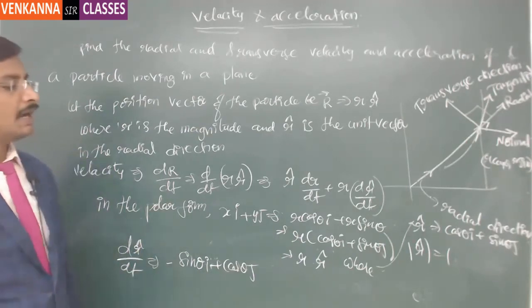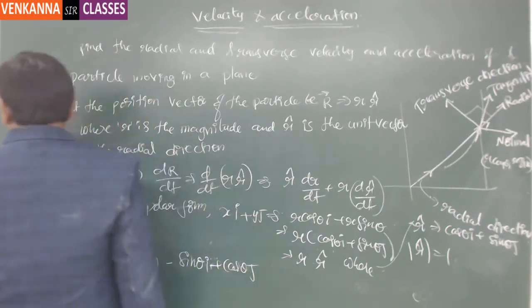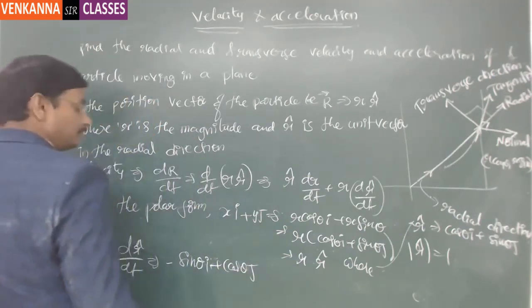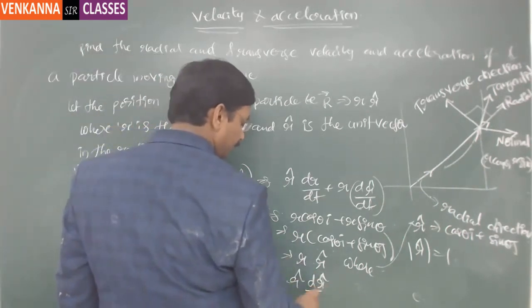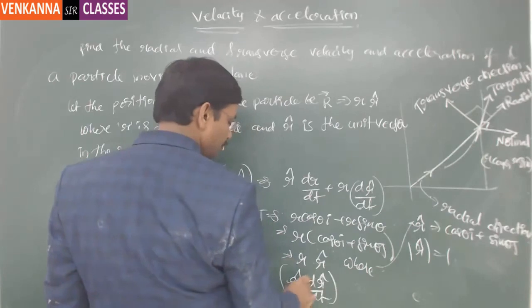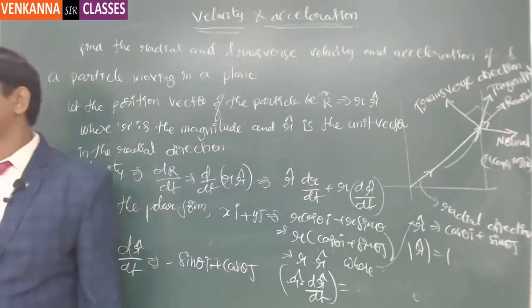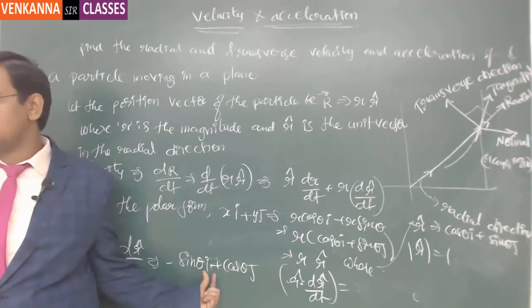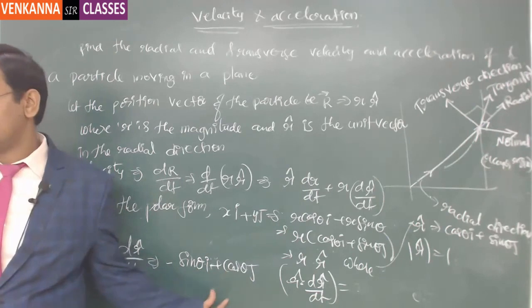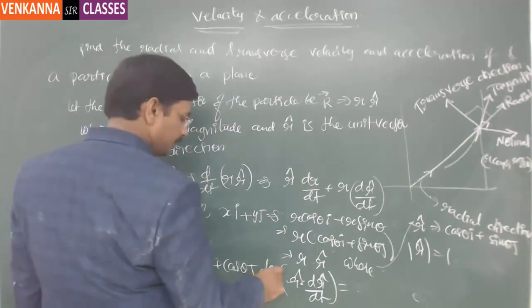Now as a quick check, let us test the dot product of r cap and dr cap by dt. Can you find the dot product of these two? dr cap by dt is minus sin theta i plus cos theta j, into d theta by dt.